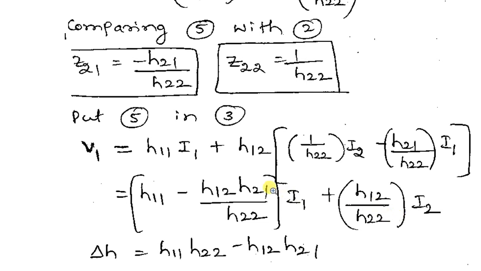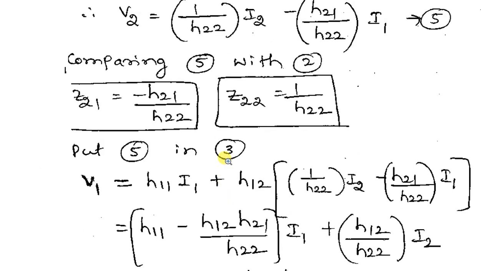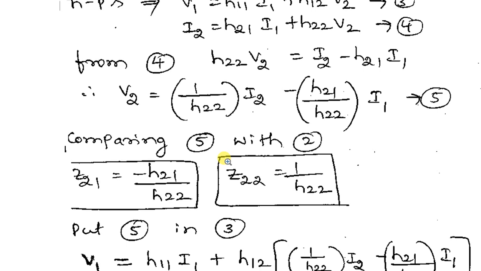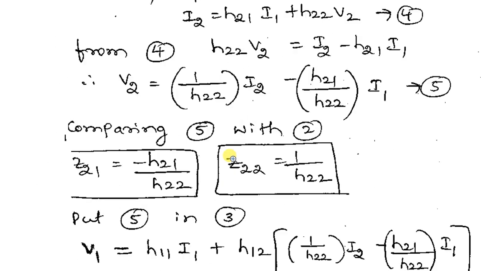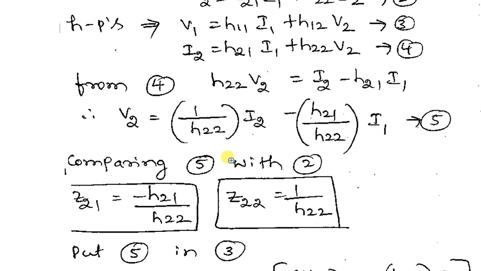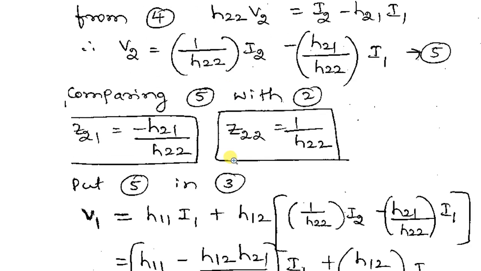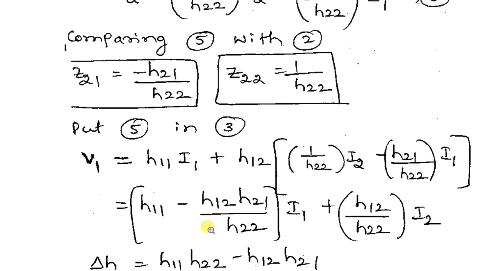So now, here if you take the LCM, you'll get the denominator H22.